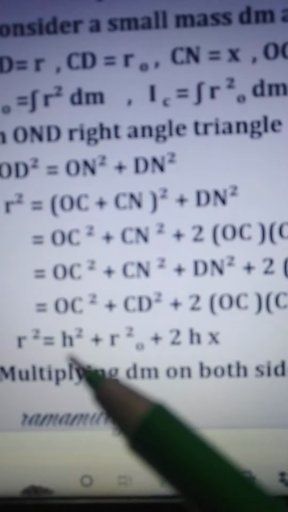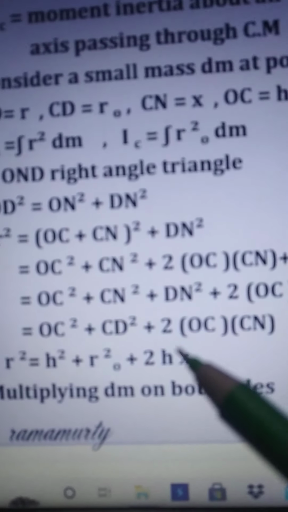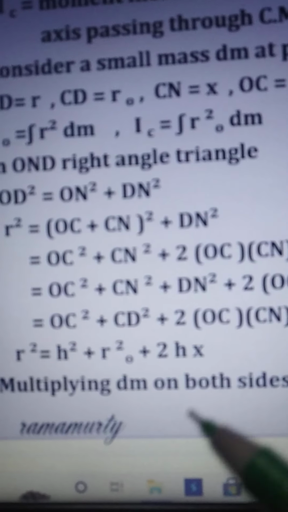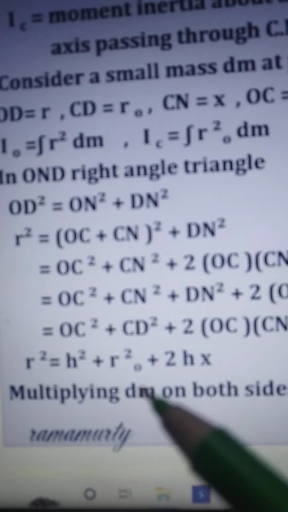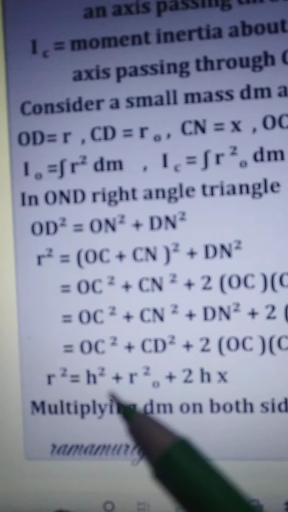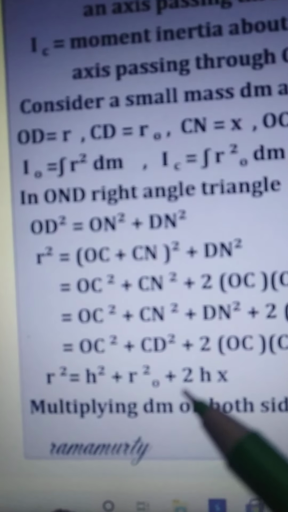So R square is equal to OC means H, so H square plus CD means R naught, so R naught square plus 2, again OC means H and CN means X. Multiplying by small dm on both sides, R square dm is equal to H square dm plus R naught square dm plus 2HX dm.